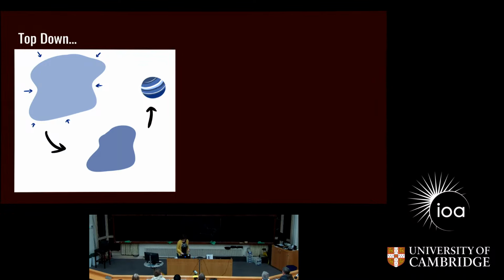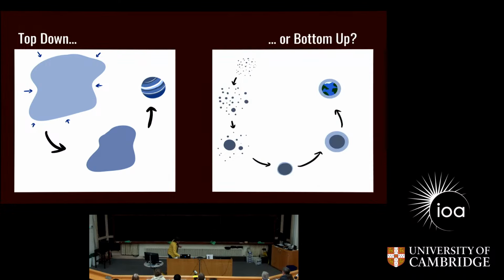Okay, so we're going to talk briefly about the top-down and bottom-up processes for comparison. So the top-down process, just so we're on the same page, you start with a big cloud of something, and you condense it to make a planet. So you start big, you collapse small. And the bottom-up process is kind of the opposite.